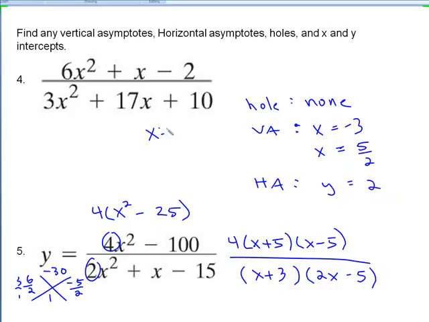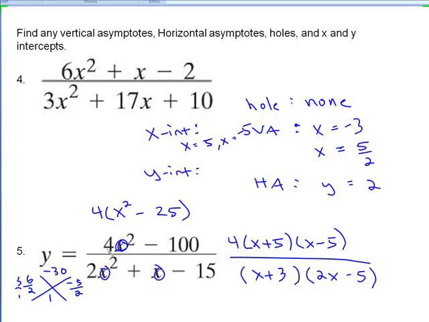X-intercept. To find the x-intercept, that's what's left over on top right here. Basically we have two of them. X is equal to 5, x is equal to -5. And then for the y-intercept, we're going to substitute 0 in the original problem.